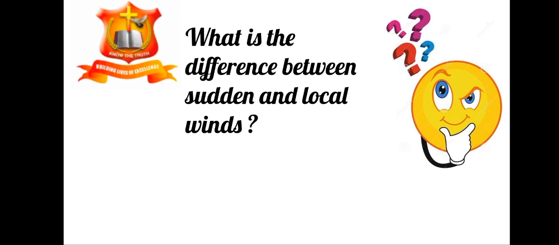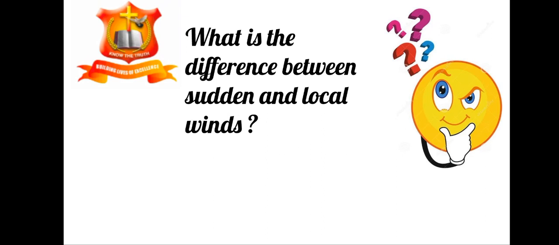Got it? In a simple language, if I will say the difference between sudden and local wind, so sudden winds do not have definite time. Local winds are specific in their location. Sudden winds can occur unexpectedly anytime. Local winds are seasonal. You can take the example of Lu, as it blows only in summer. Sudden winds, short duration winds.